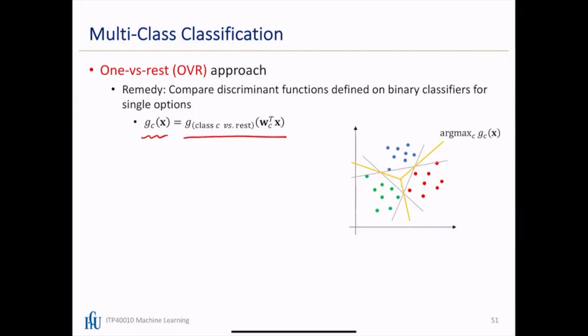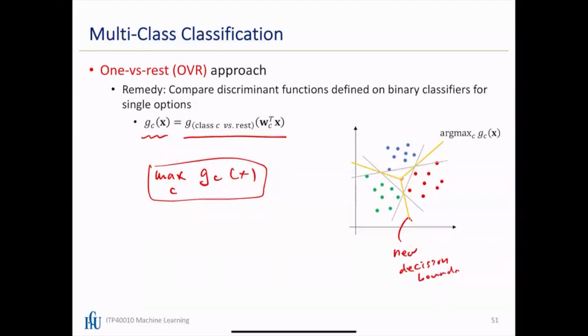This comes from the individual model, and you want to maximize this quantity. If you do so, you can redraw the decision boundary as you see on the screen as a yellow line. And this addresses the issues that we had before.